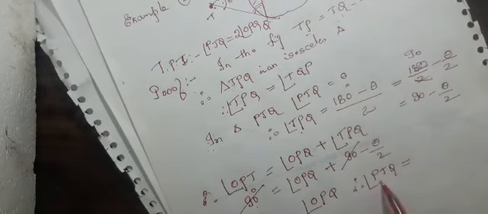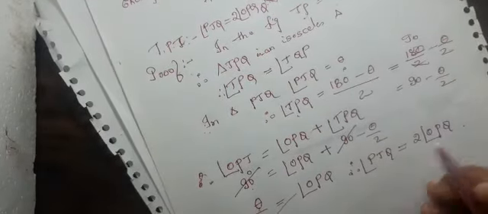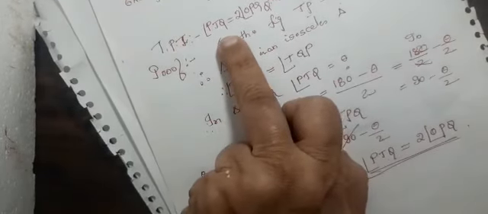The 2 I will take here, so 2 times angle OPQ. Only by practice you will remember these problems, and see we have proved what they wanted. Angle PTQ is equal to 2 times OPQ. We have got it.